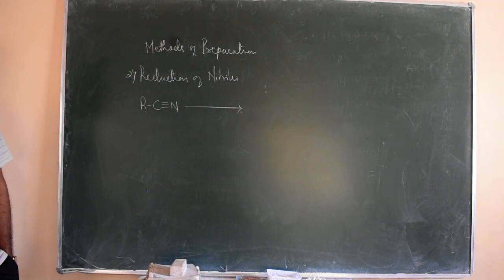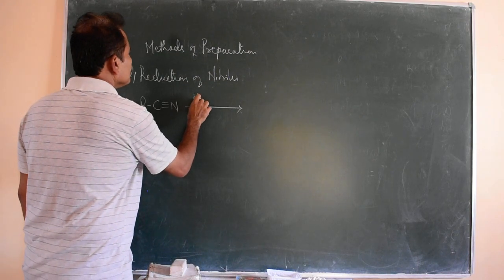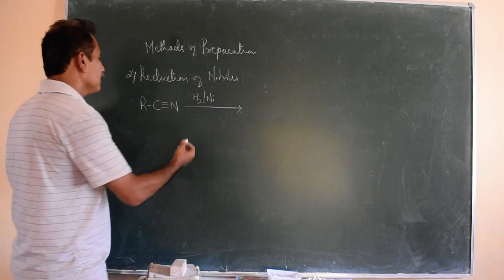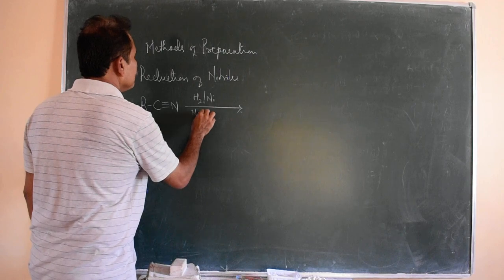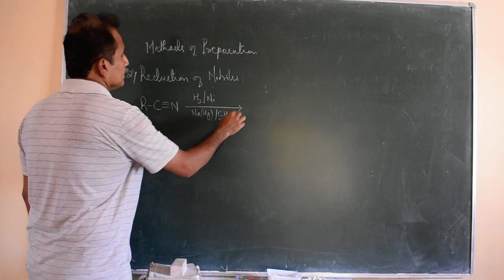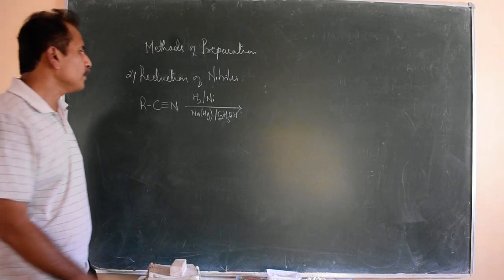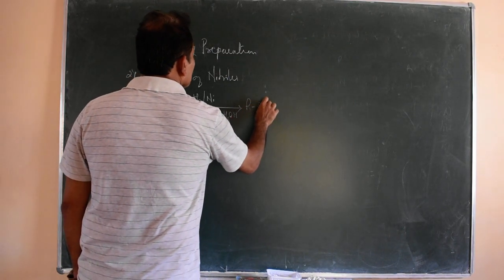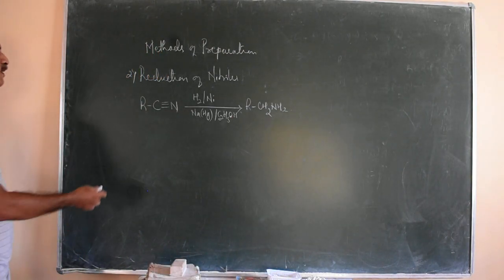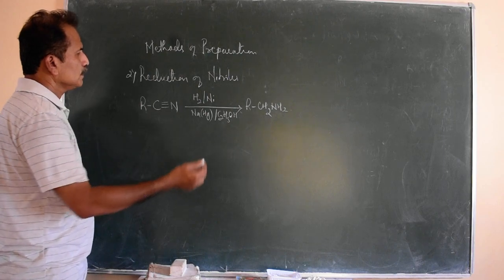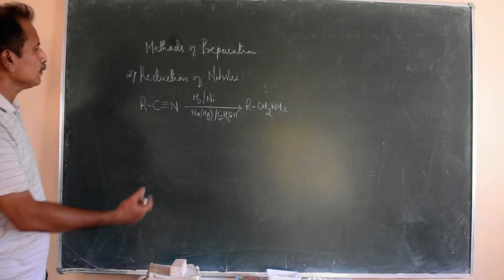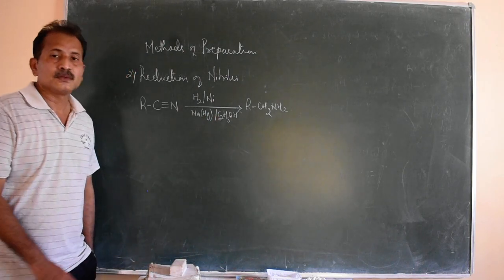If you do the reduction, you can use H2 with nickel or palladium, or you can use sodium with C2H5OH. This can give you R-CH2-NH2. This is your reduction of nitriles, where you can convert the nitrile into amine.